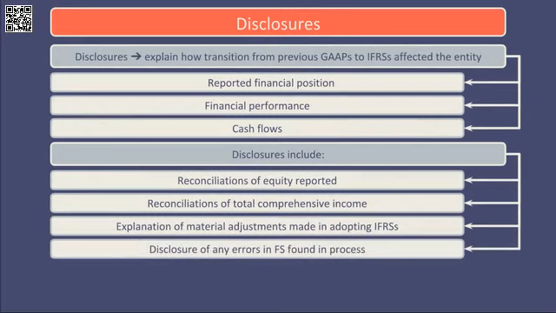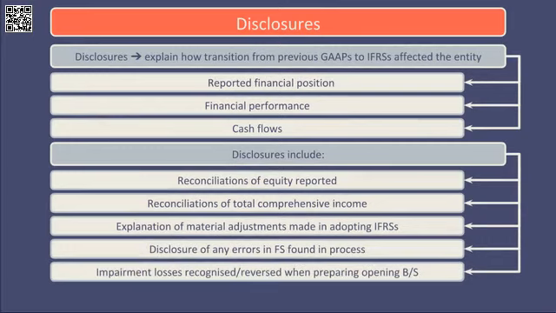And if errors in previous GAAP financial statements are found, they must be disclosed separately. 4. Any impairment losses recognised or reversed when preparing the opening IFRS balance sheet. For ABC, that is the opening 20x6 balance sheet, must be disclosed.